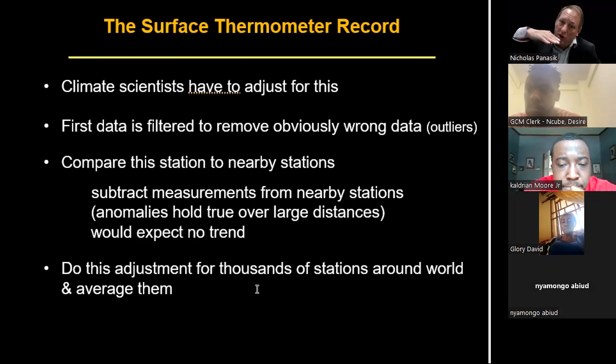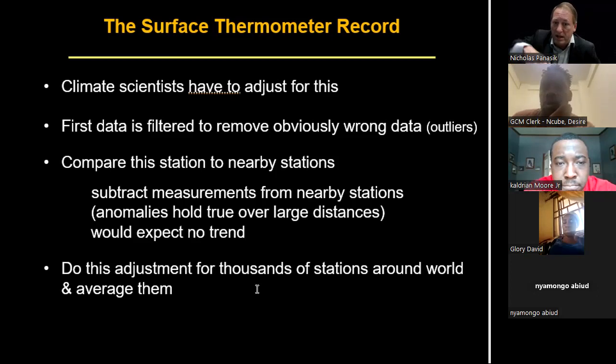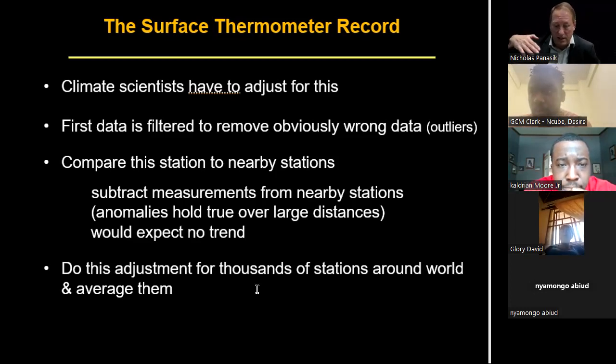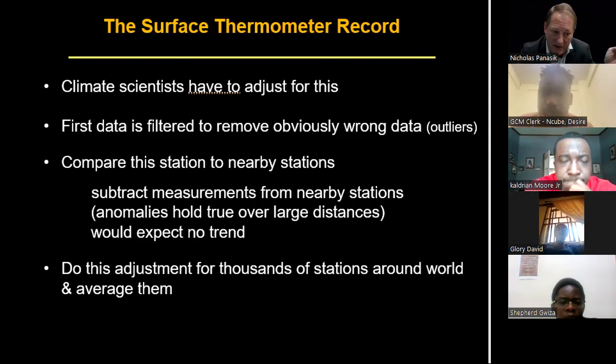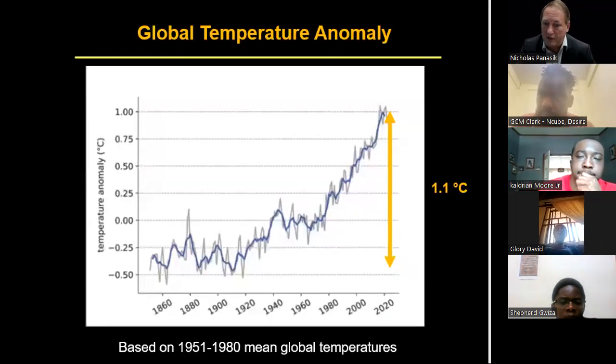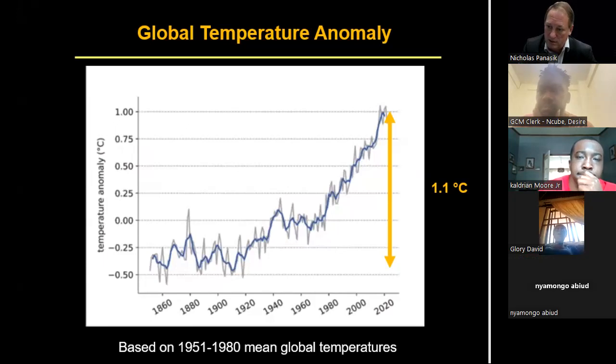They compare the measurements at that station to the stations close by, because all of those should have a similar trend, if you will. And they can subtract that out to give them a true measure of what that anomaly is. And so they do this adjustment all over the world, average them, and then that gives us this graph that we were looking at before.